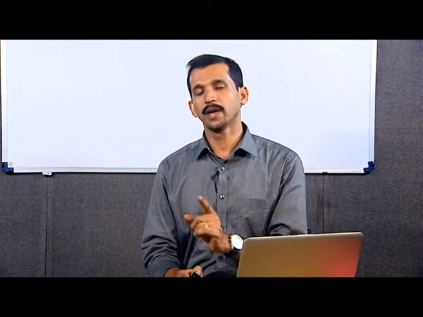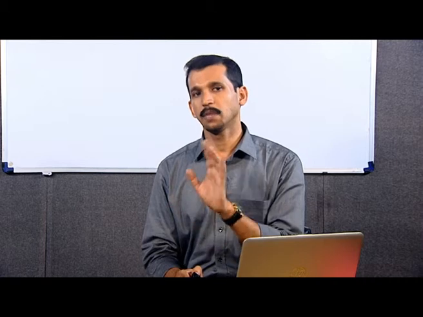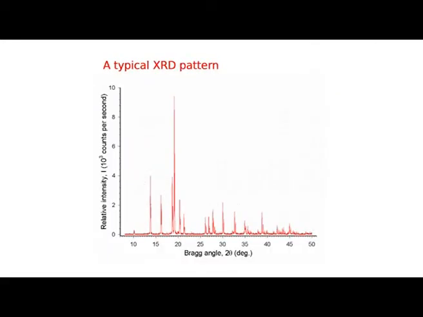Now, let us go back to the beginning point where we discussed a typical X-ray spectrum. Now, you will be able to understand what the x-axis means. The x-axis is the Bragg angle, 2 theta, with n lambda equal to 2d sin theta. So, that theta is coming over here as the Bragg angle.